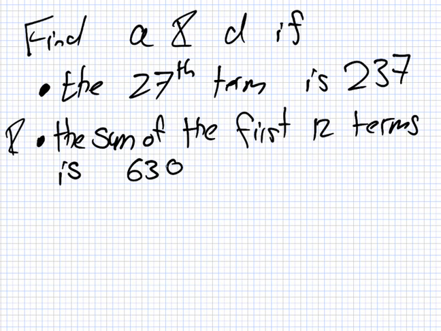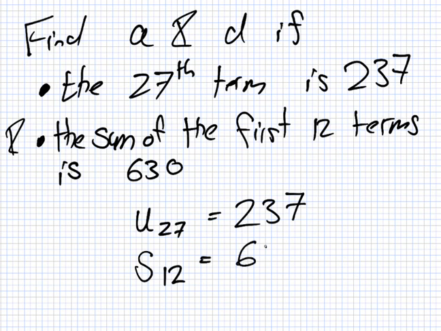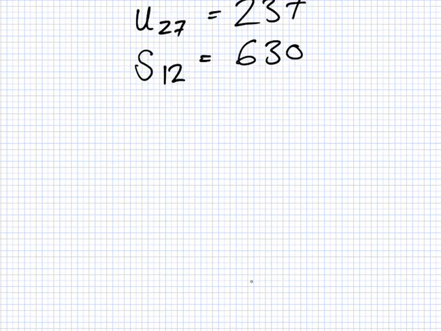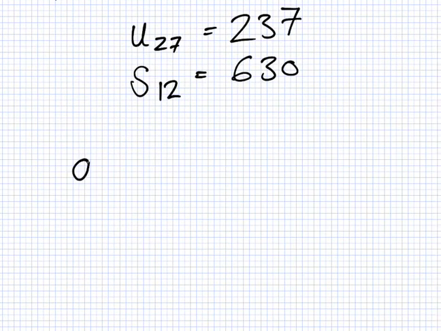Okay, so look, the 27th term is 237. The sum of the first 12 terms is 630. So, using my formulas, I know that A plus 26D equals 237.